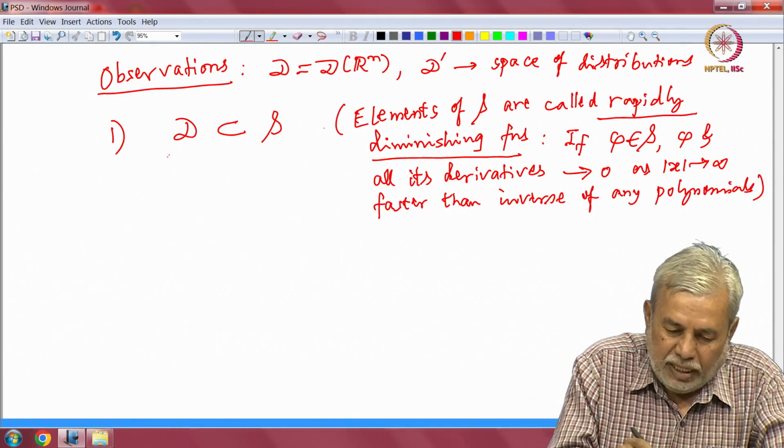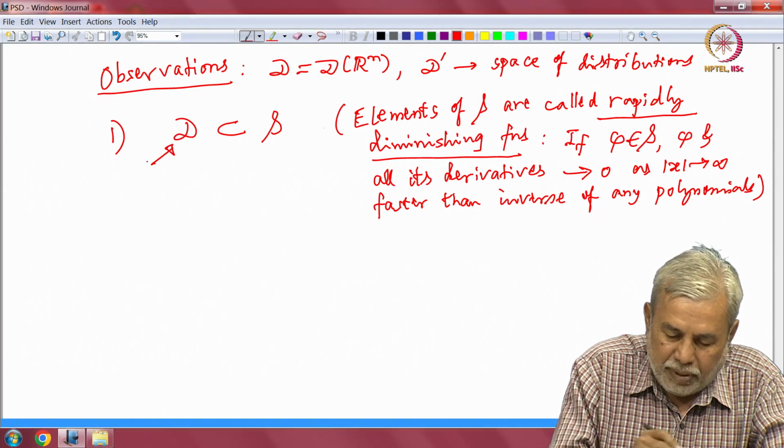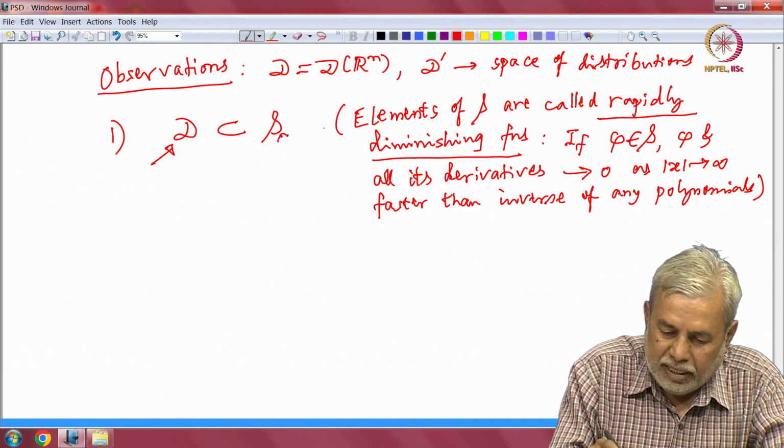Note that the topology here is not a metric topology, whereas here it is a metric topology.